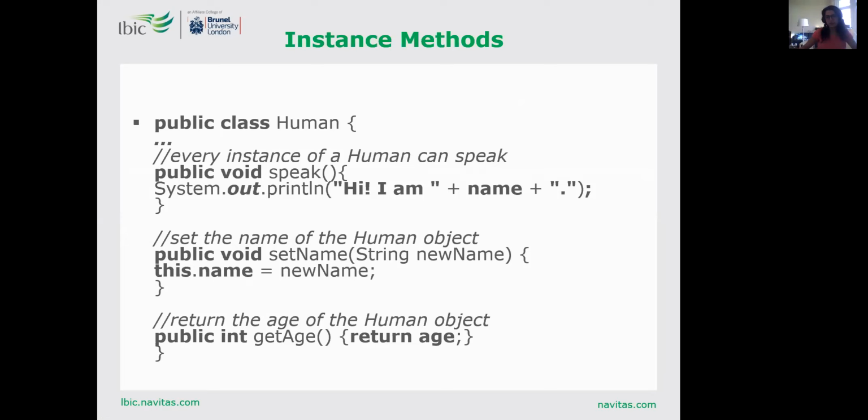So we need an input, newName, and we need to assign it to this name. This means this class, right? When we are in the class, we can say this.name. Alternatively, you could say in here, instead of this, you could say human.name. Doesn't matter.